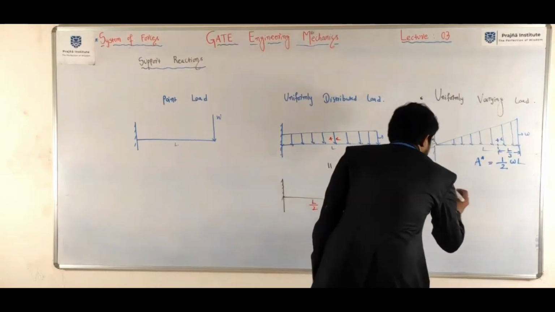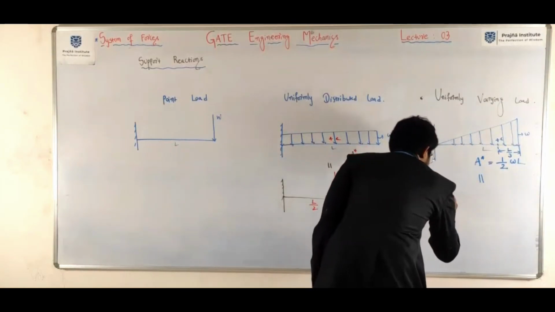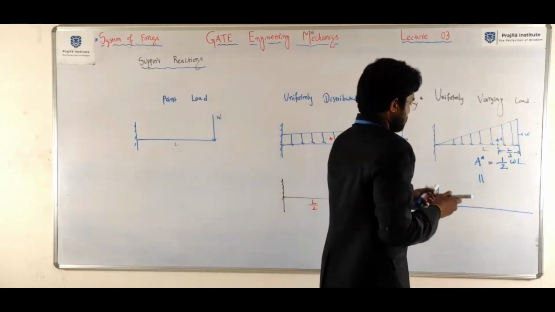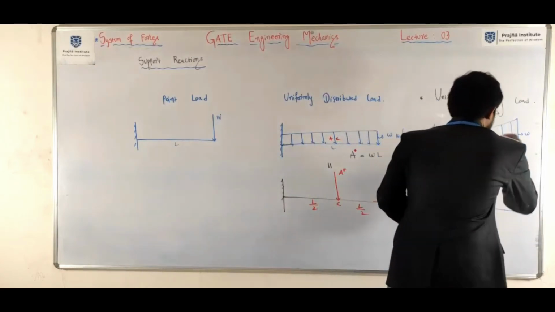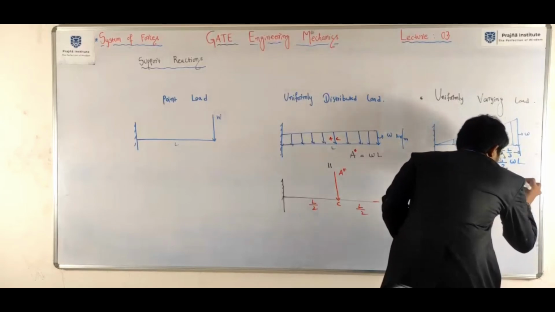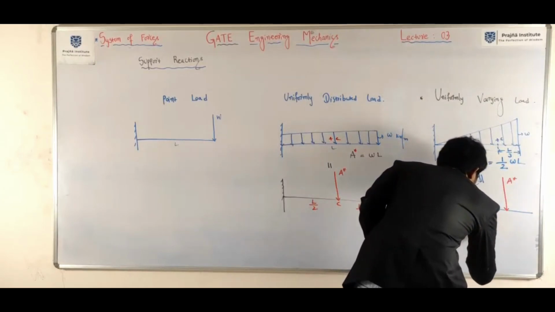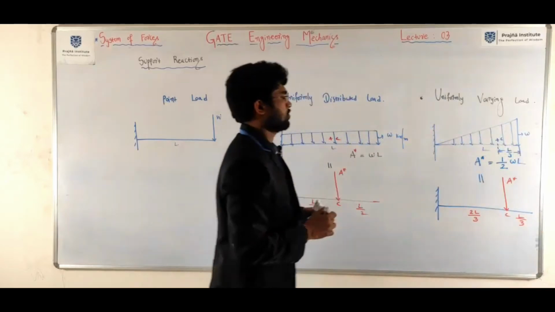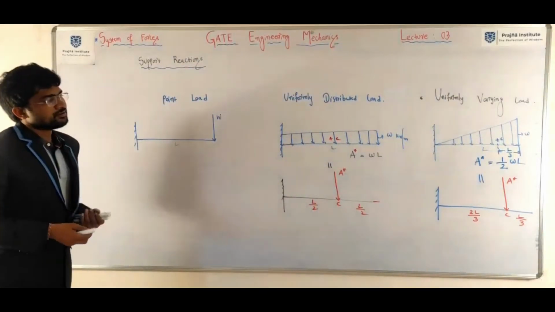Now, convert like this. What is the area? This is the area A star, at 2L by 3 and L by 3. This is the centroid. So, very basic thing.